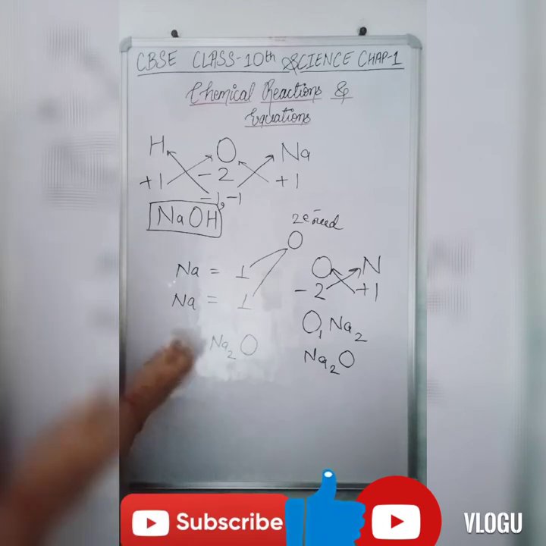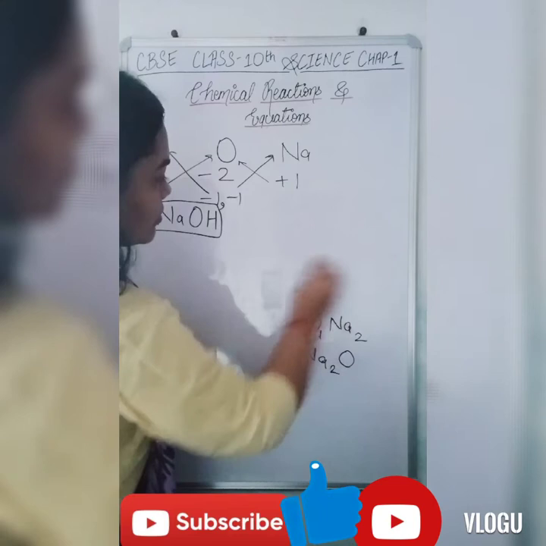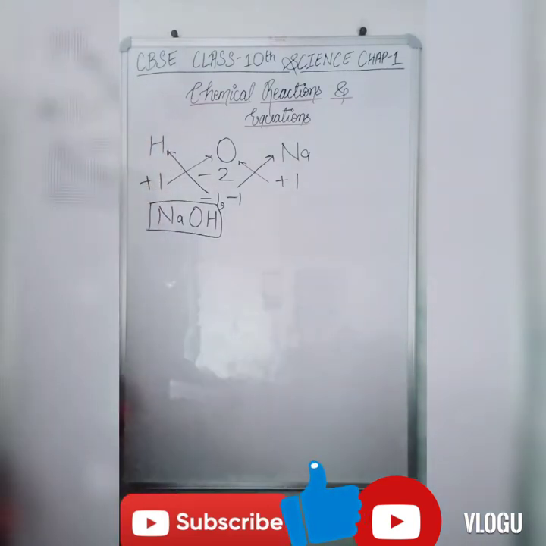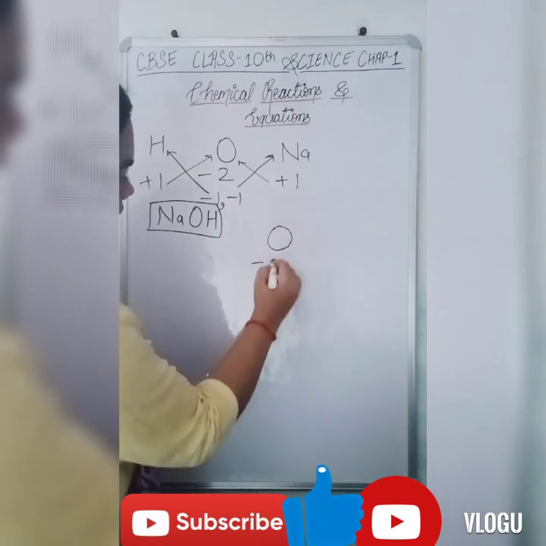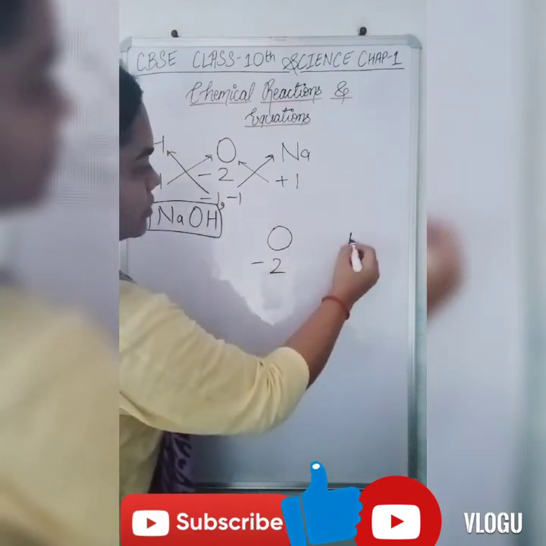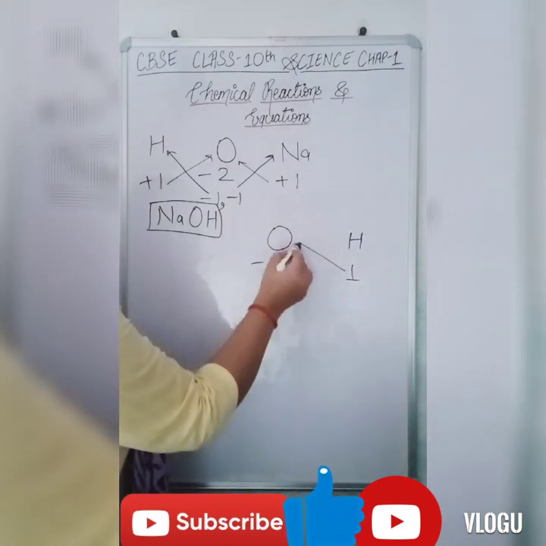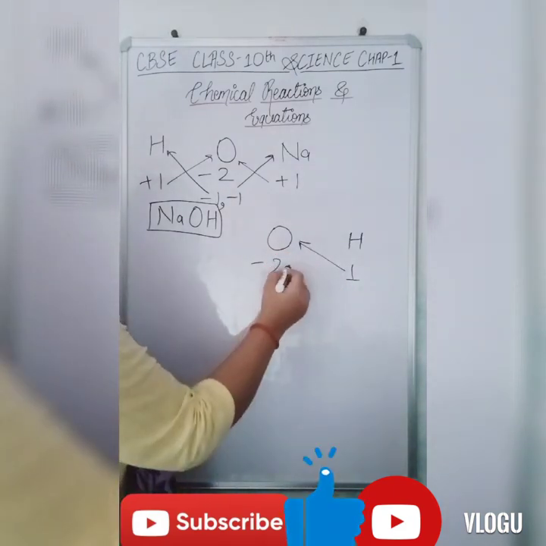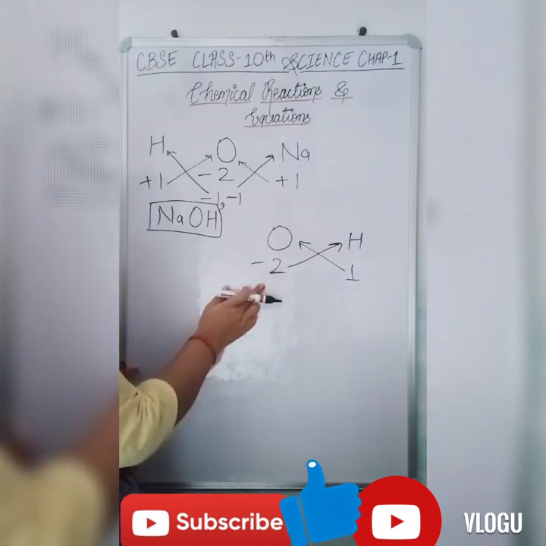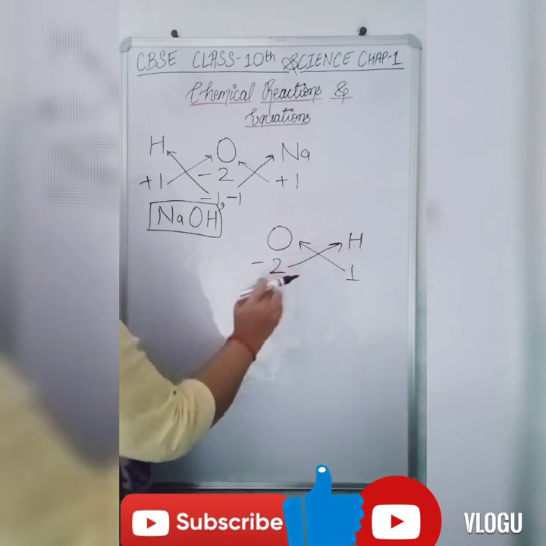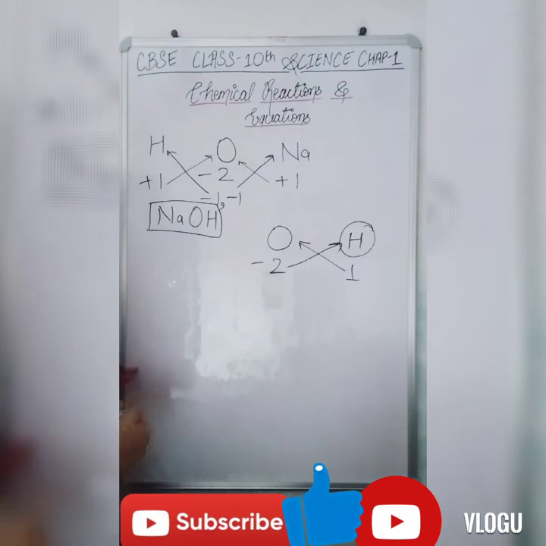Now if you see, I take another example of H and O, which is a very basic example, you all know about that. Oxygen needs two electrons, hydrogen has one electron. So hydrogen has given one electron to oxygen, and oxygen, because it is in need of two electrons, will take two hydrogen atoms to complete its octet.